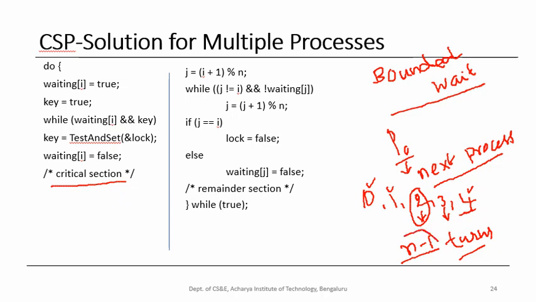So this is a bound on the waiting time of the process which is making the request. So therefore, this bounded waiting requirement is also met.